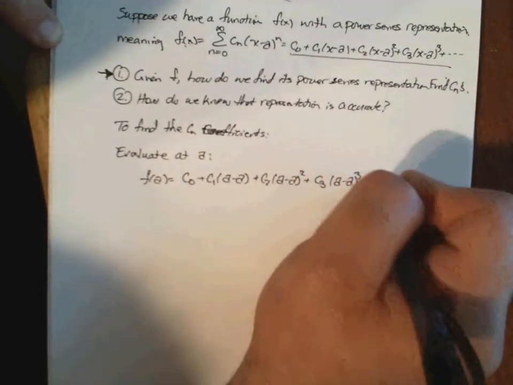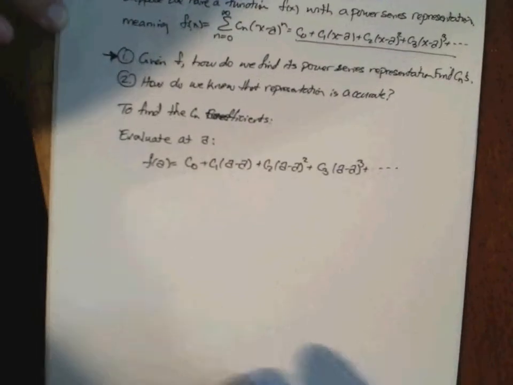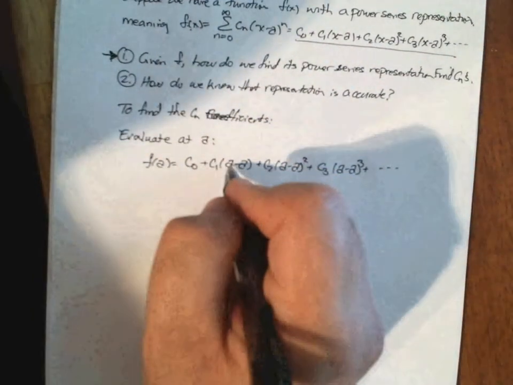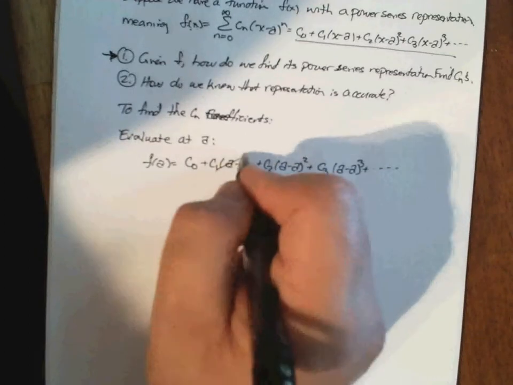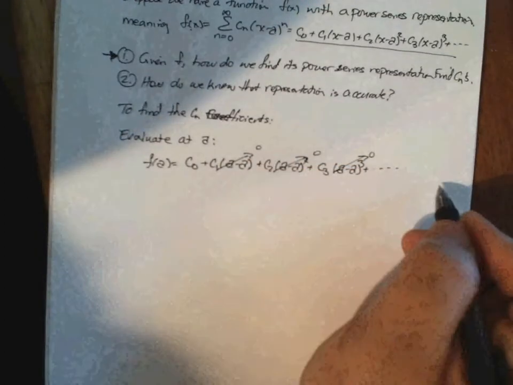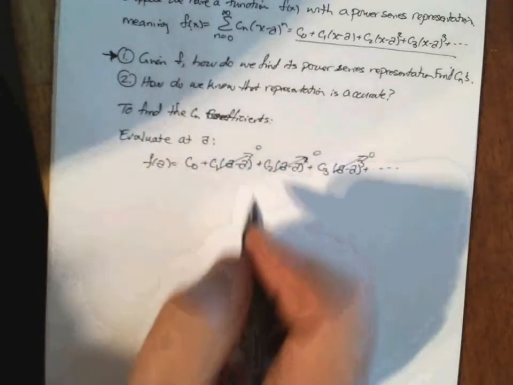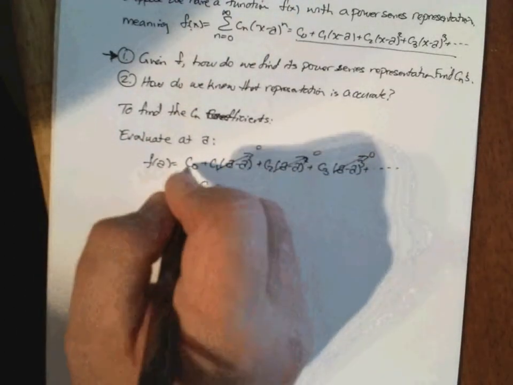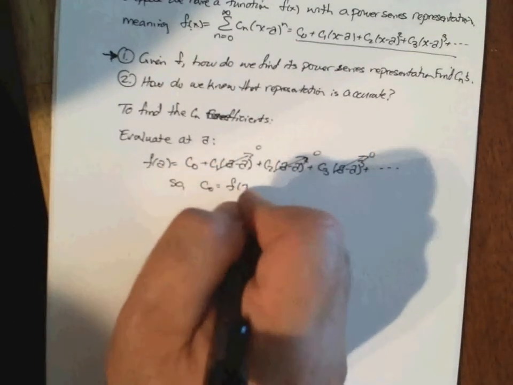And on and on and on forever. Now, it's very easy to notice, as Taylor did, that when you put in a for x, the a minus a's cancel. Here, here, here. All these terms forever go to 0, and the only one you're left with is c naught. So, what you just discovered was the formula for c naught: it's the function you start with evaluated at a.